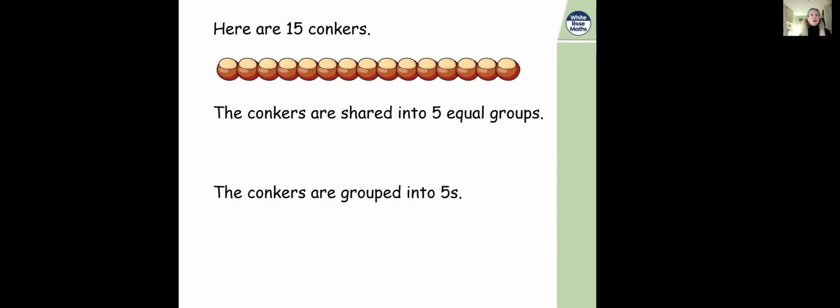With your 15 loose parts, can you work out how many is in each group if they're shared into 5 equal groups, and how many groups there are if they're grouped into 5s? Share and group out 15 for me. Pause me now so you can work it out.